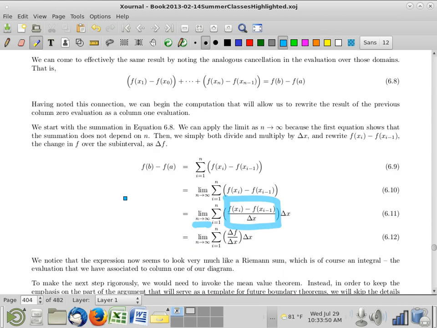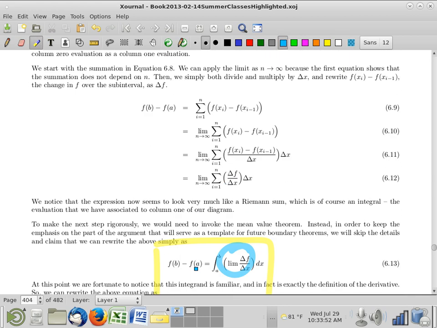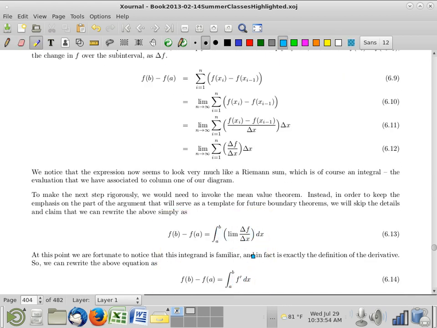Okay. So, nice punchline though here. The change that we started to compute, we see here we can compute as an integral of f prime. And by the way, here's one point of view that I'm going to be hitting pretty hard as we go further on into Chapter 6.